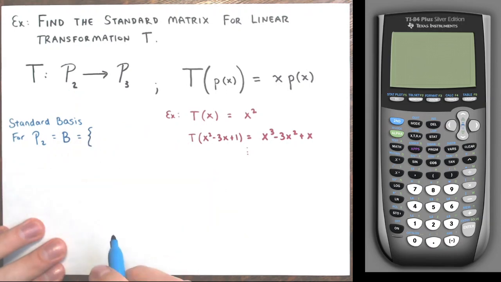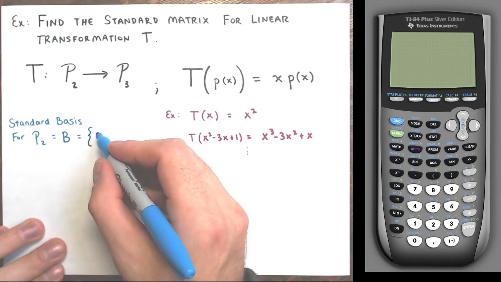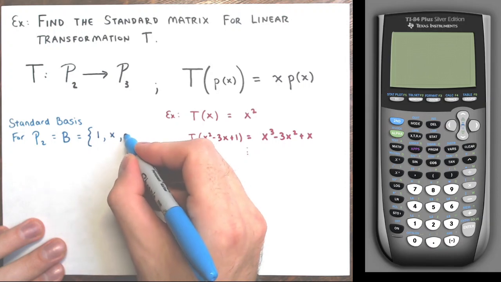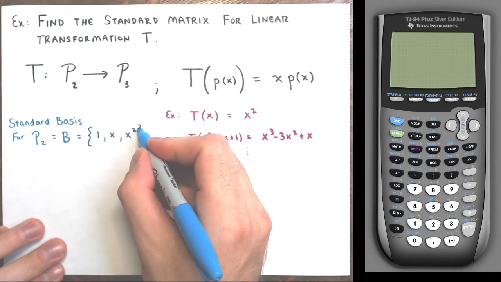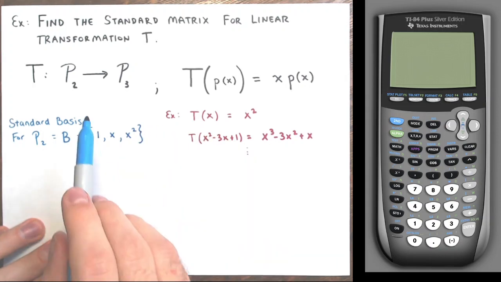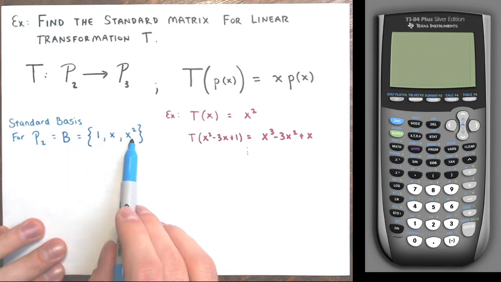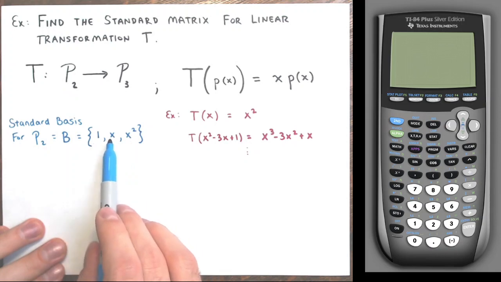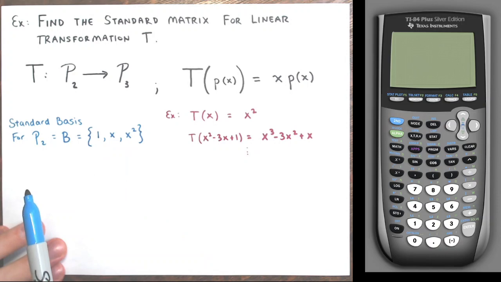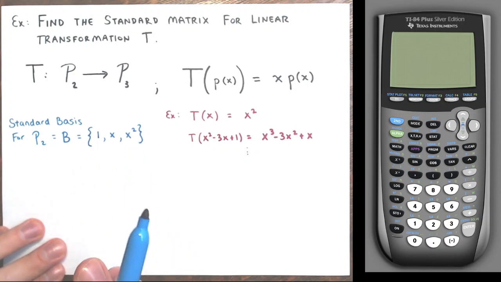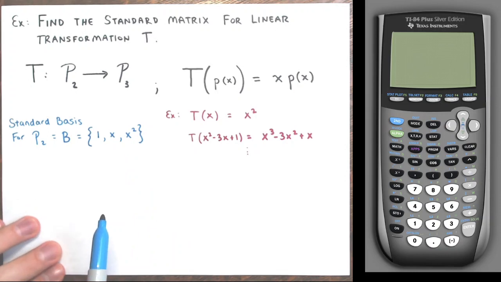Well, every polynomial of degree 2 or less can be written as a linear combination of a constant, 1, just an x, and an x squared. Every polynomial of degree 2 or less is a linear combination of these three: some number times 1 plus some number times x plus some number times x squared. And they are linearly independent. And you can test all that out on your own.